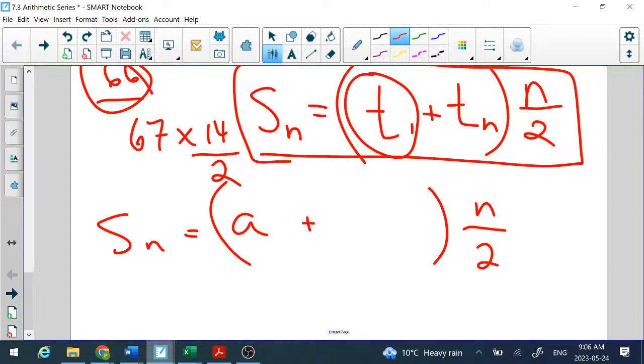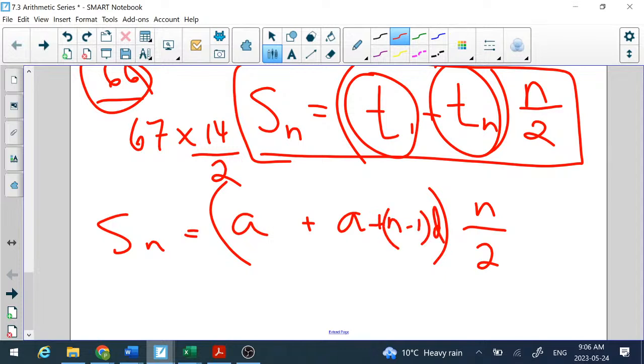What can we replace Tn with in an arithmetic sequence? What's the general term? It's on the board still for arithmetic. A plus n minus 1 d, exactly. So you could replace this with A plus n minus 1 d.